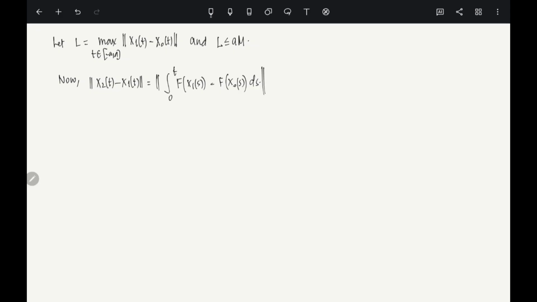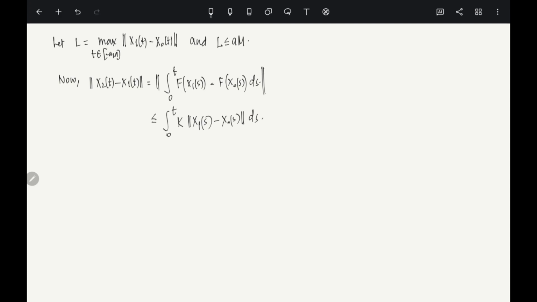Okay, now you see, I know that this is again dominated by the integral from 0 to t of k times the norm of x1 of s minus x0 of s ds. Okay, this we already know. Why is this true?